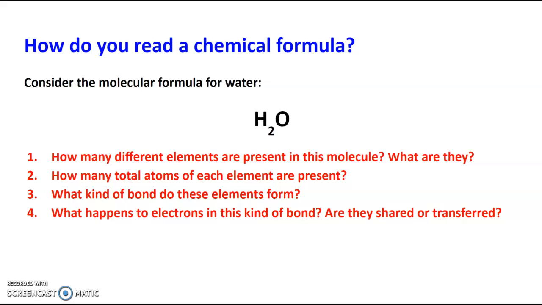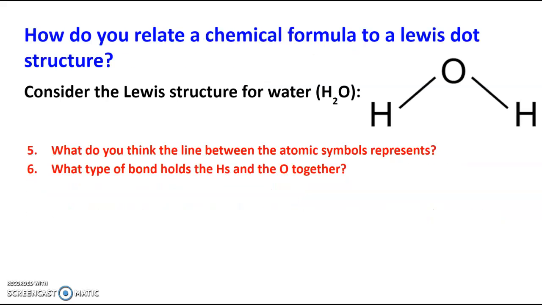So somehow we want to depict the hydrogen having access to the electrons and oxygen having access to the electrons as well. And that looks like this, right? So what do you think the line between the atomic symbols represents? And what kind of bond holds the hydrogens and the oxygens together?